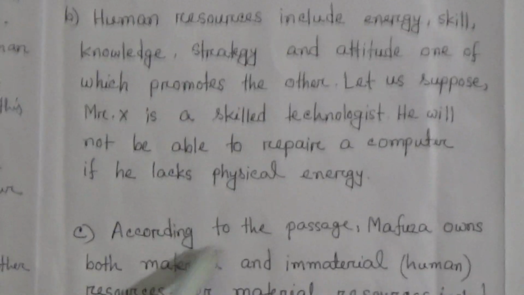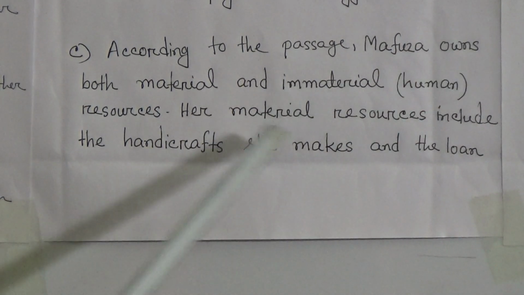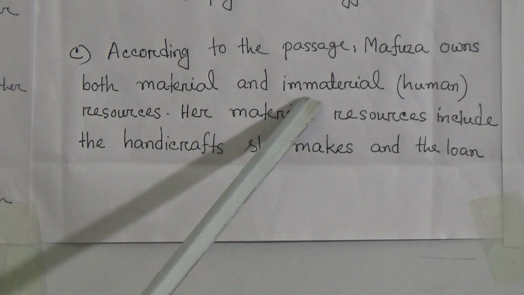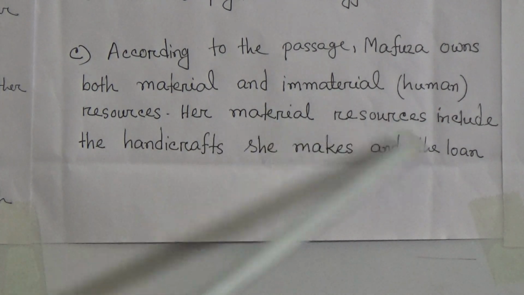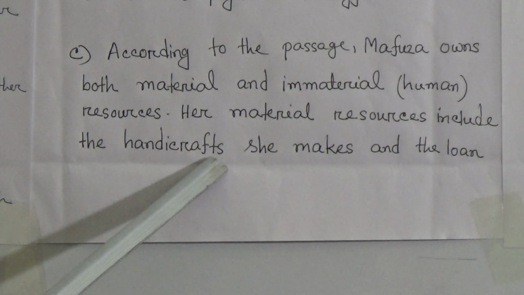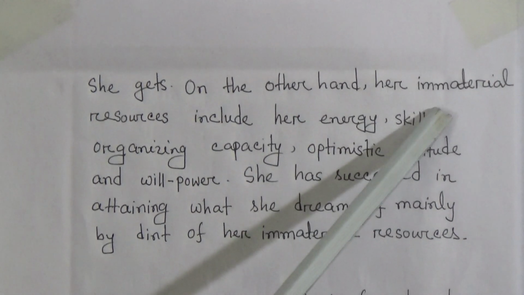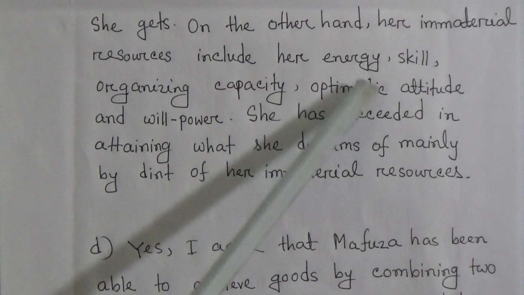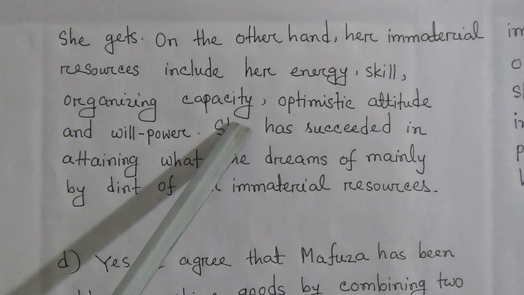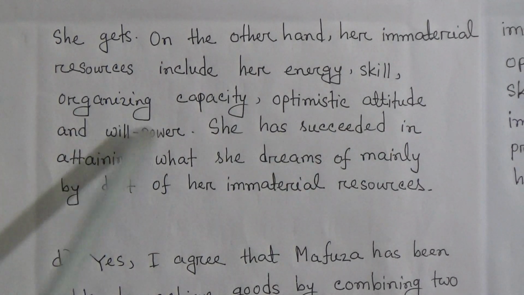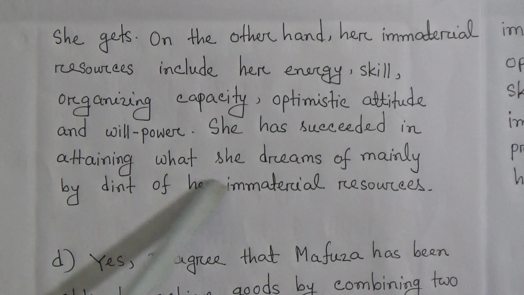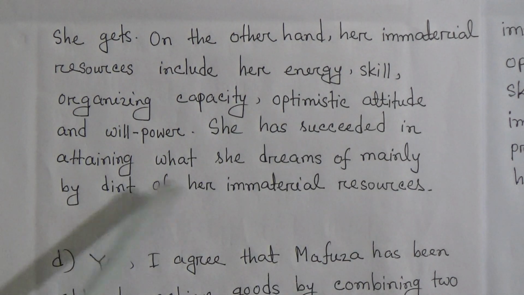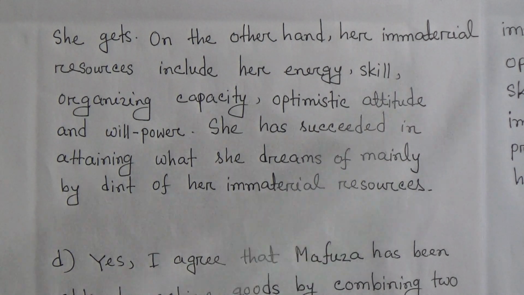Number C, according to the passage, Mahfuza owns both material and immaterial, that means human, resources. Her material resources include the handicrafts she makes and the loan she gets. On the other hand, her immaterial resources include her energy, skill, organizing capacity, optimistic attitude and willpower. She has succeeded in attaining what she dreams of mainly by dint of her immaterial resources.